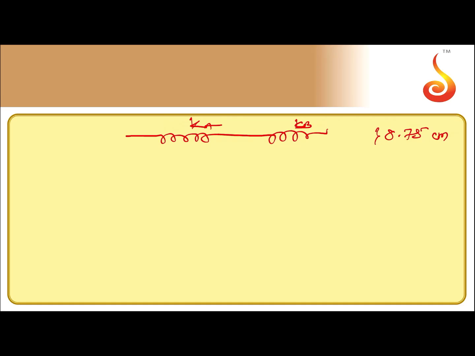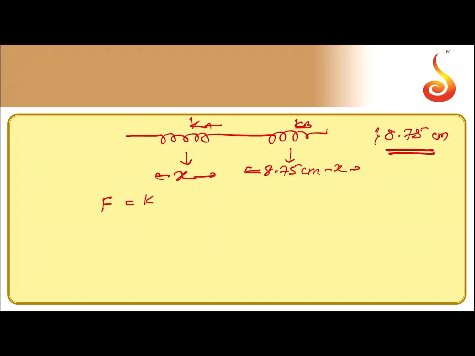Now when the spring is compressed by certain distance, let us consider it like this. Let's assume that A is compressed by a distance x. So clearly B is compressed by 8.75 centimeter minus x, because the total compression is 8.75. So if this gets compressed by x, the other gets compressed by 8.75 minus x. Now we know that it's the same force because they are connected in series.